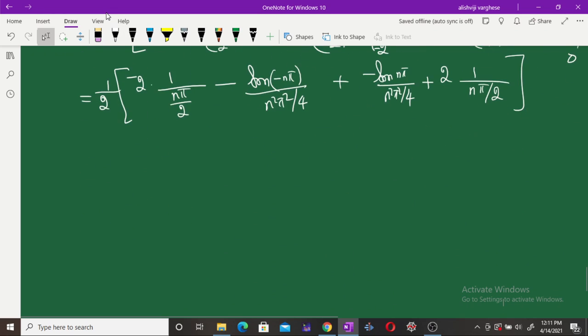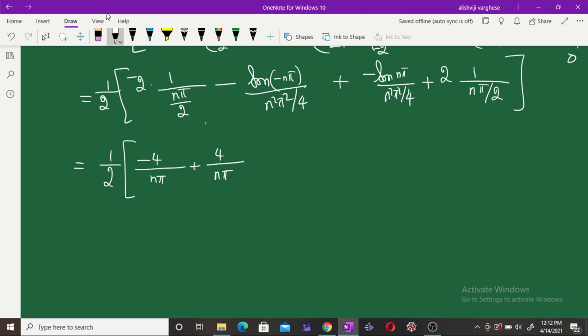We can just rearrange the terms, and what we have is 1 by 2 into minus 4 times by n pi, and a similar term here. So it is plus 4 times divided by n pi.